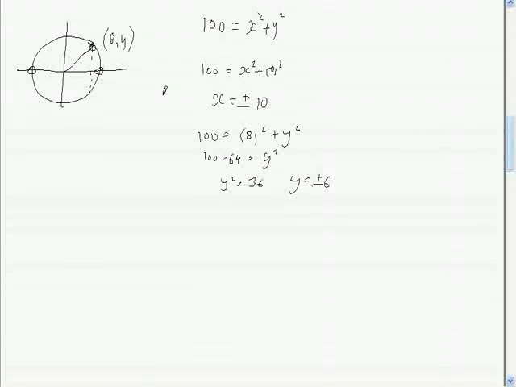What would you do if you had to derive an equation of a circle which didn't have its center at the origin? Let's say you had to derive a circle equation that had its center somewhere here. This is all you've got to do. If you figured out the center was somewhere here, and I'll call that coordinate 2, 3, if the center's shifted to the right, you take that away from the x.